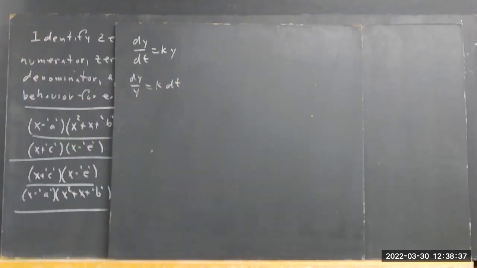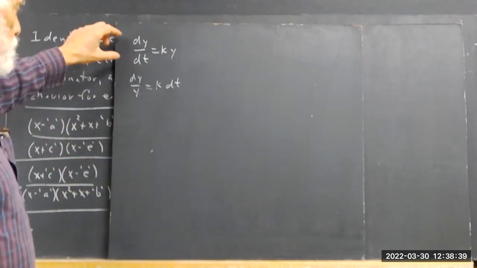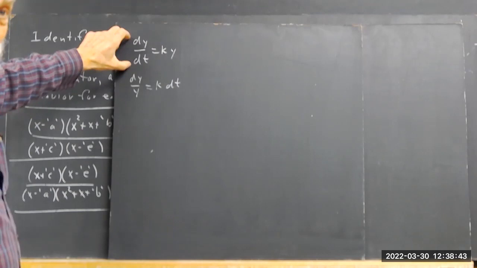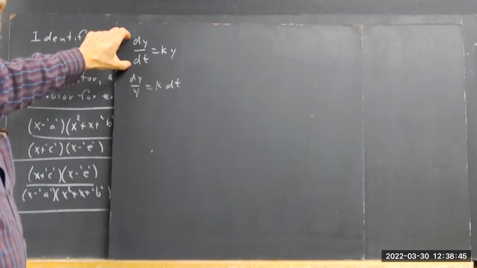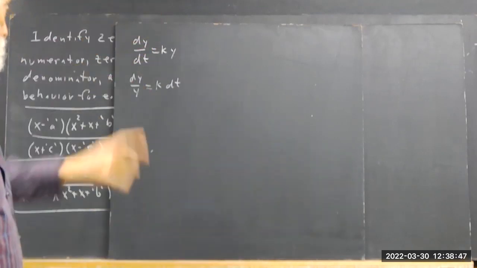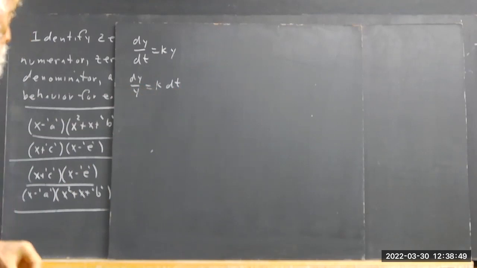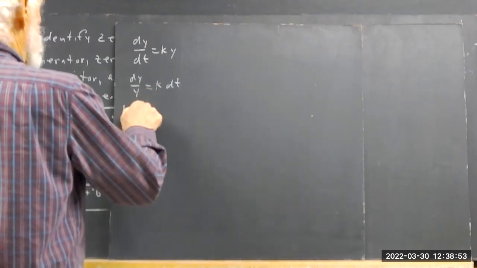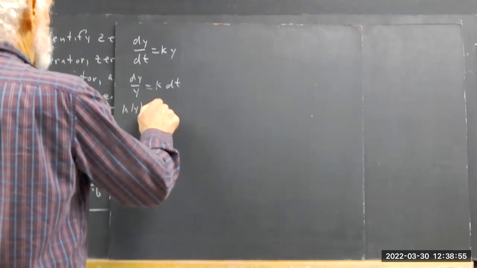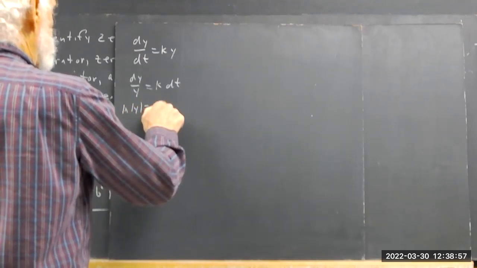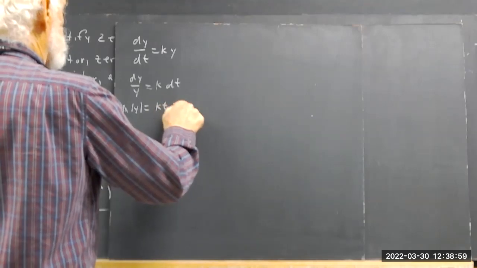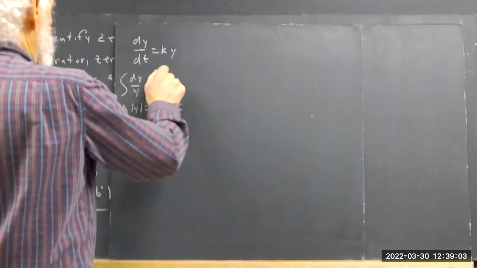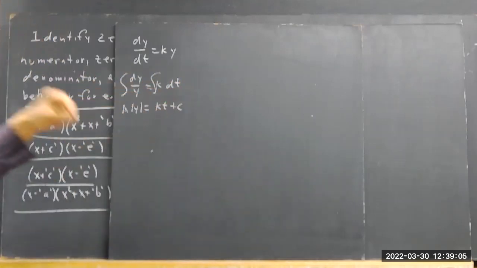Just rearrange it, and I'm not going to go into detail about why you can treat these infinitesimal quantities as algebraic quantities. There's a little theory behind that, but there we have it, okay? You can do it, which gives you natural log of the absolute value of y equals kt plus a constant. Because of course you integrate both sides of this.